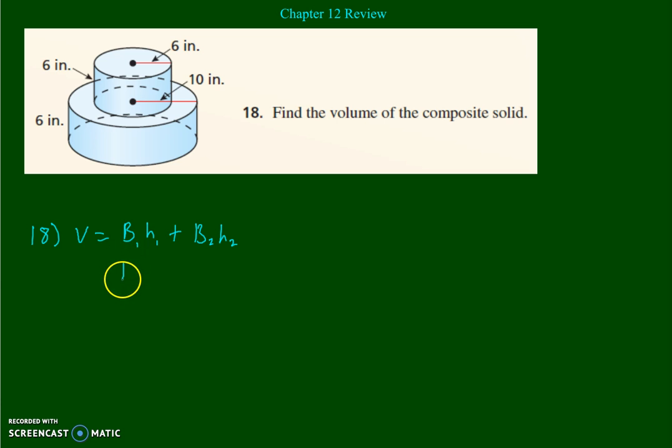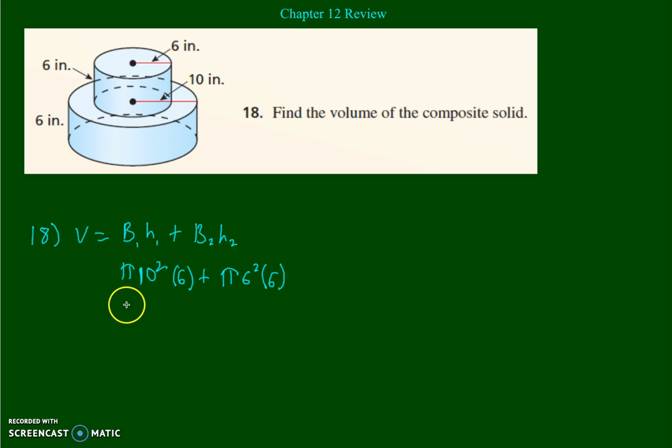This is going to be pi, and r is 10 for the first base. So this is 10 squared, that's a 100, times the height, which is 6, plus area of the base 2, which is going to be pi, and this radius is 6, so it's pi 6 squared times this value, which is 6 again.